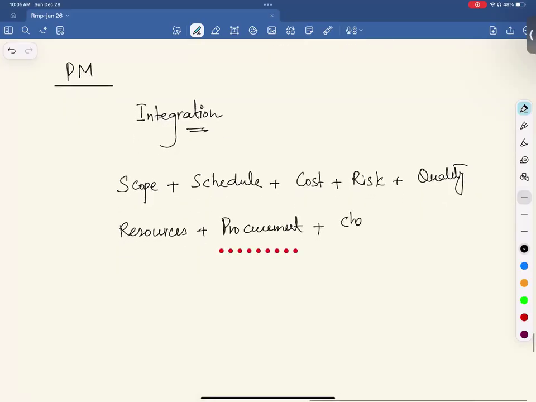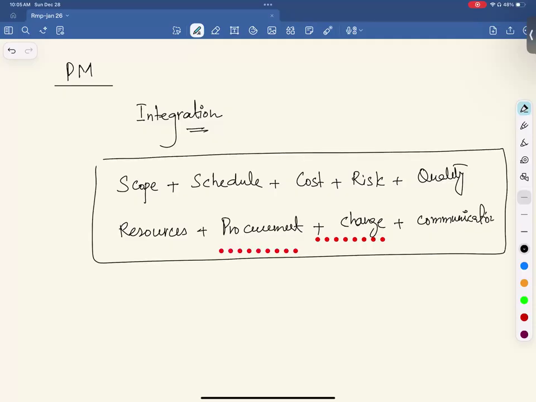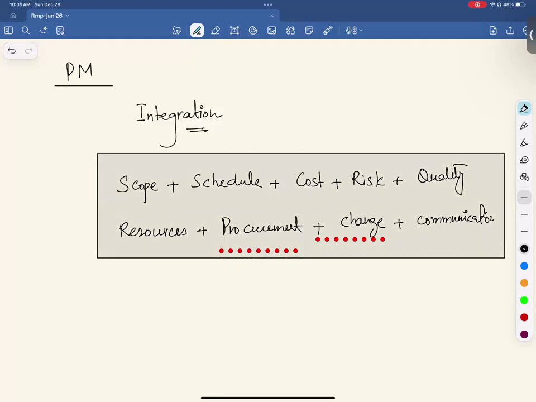That's the change management. Communication, stakeholders. This is the job of project manager, meaning integration of all the knowledge areas together, and integration of risk with other knowledge areas.